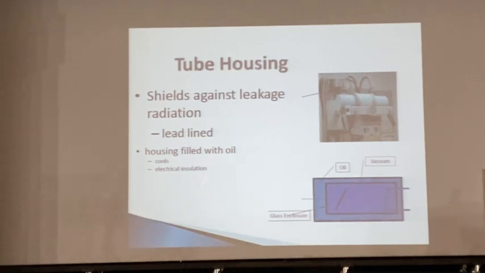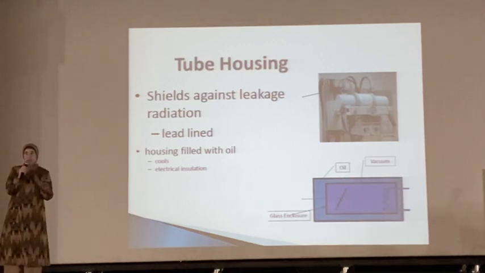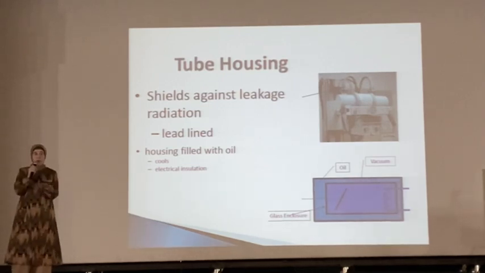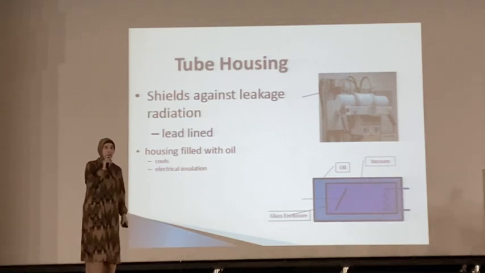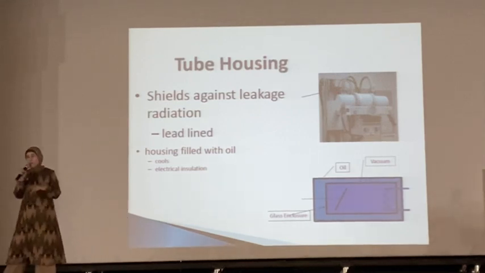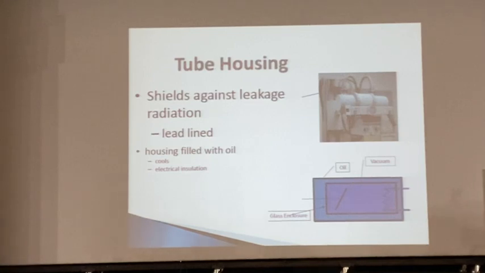As I said, first, to act as electrical insulation, and second, to act as a cooling agent. 99% and more is changed to heat. This heat should be cooled, by which means? By oil. These are the components of the X-ray tube.